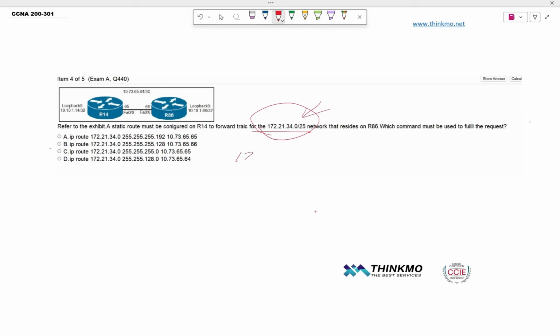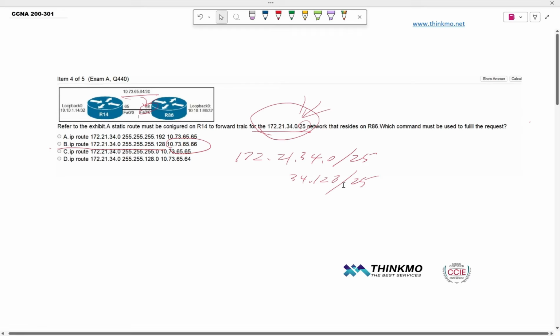One is 172.16.34.0/25, and the other is 34.128/25. So we match this one. It goes through 10.73.65.66, which is also this 128 route, this interface. So the correct answer is B.